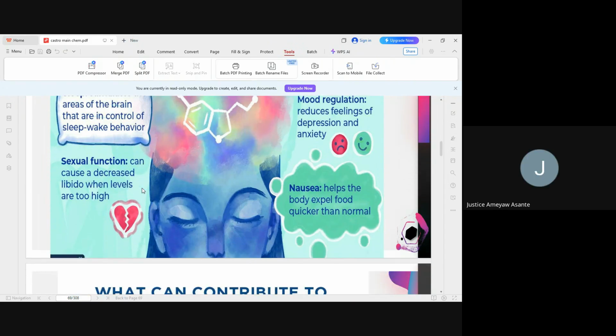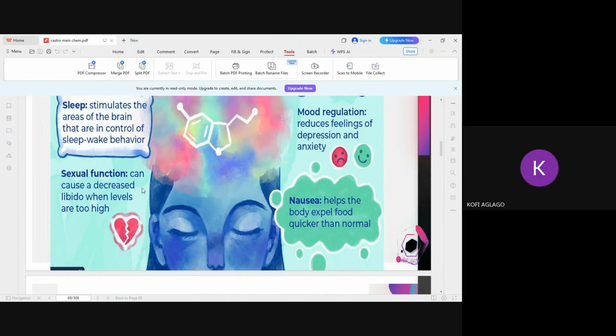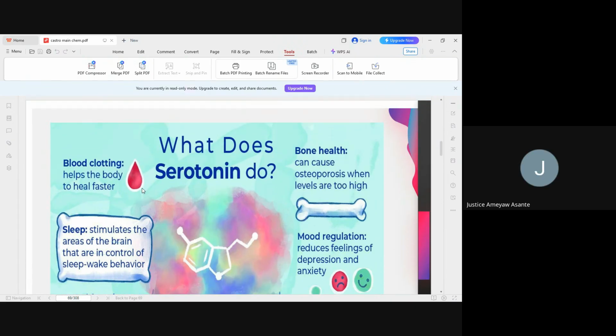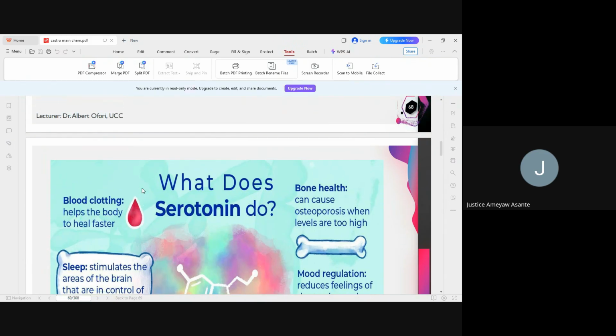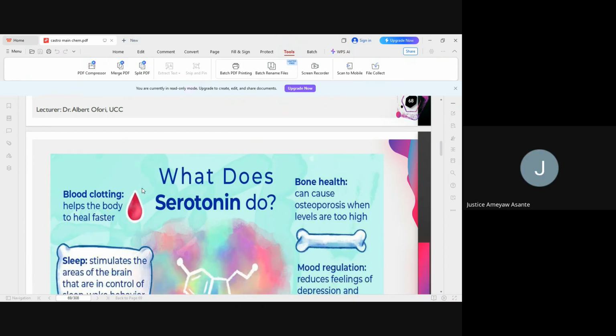Sir, if the level is too high, what happens? Yes, please, are serotonin and the like also hormones in the system? It should be in the body for certain things to function very well. Why? If it is not there, your blood cannot clot.